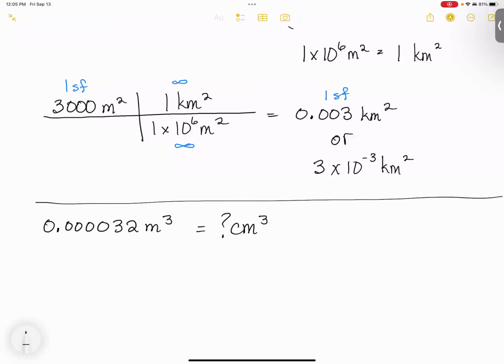But because meter cubed and centimeter cubed have the term meter in common, we're going to be using our prefix system. And our prefix system says 1 times 10 to the minus 2 meters is equal to 1 centimeter.